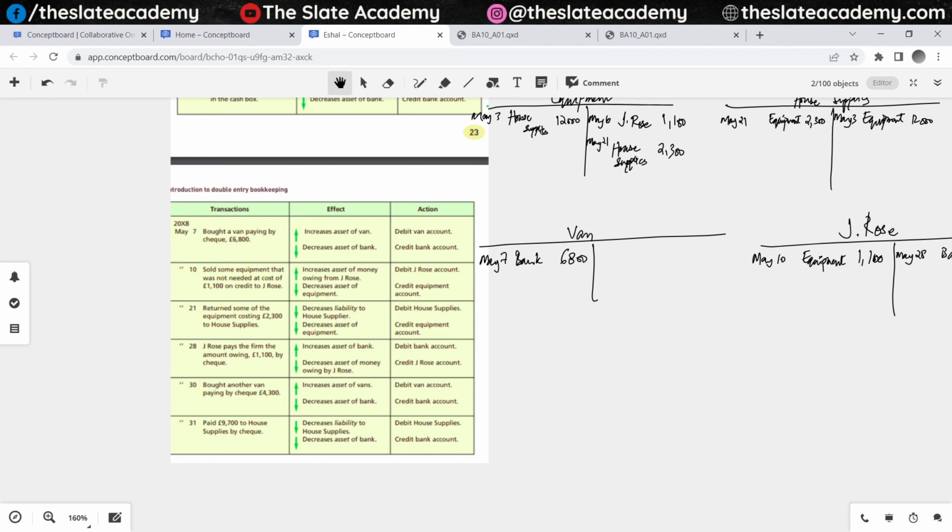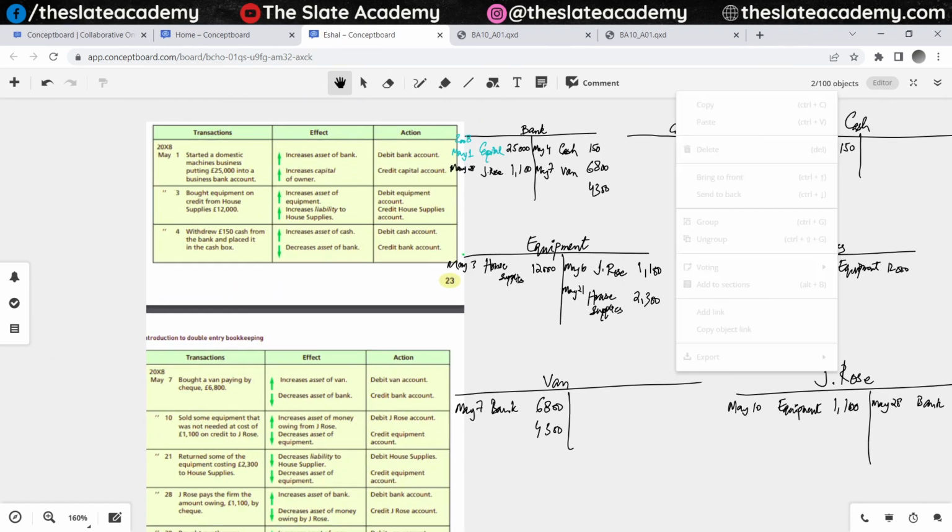But correctly identified in this case, a new van is being bought, so both assets change. The asset increase is debited, and this would be 4300, and the other asset decreases by how much? 4300. Which asset? The asset of bank.